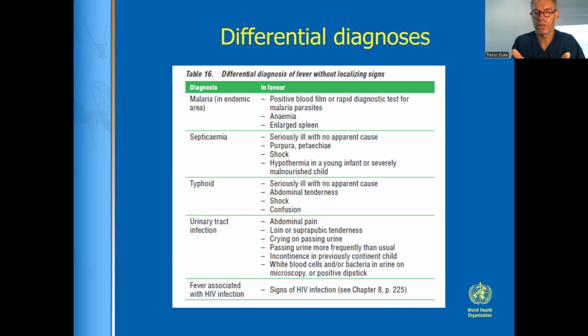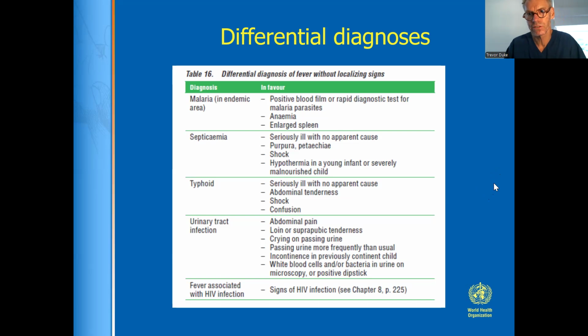Of course, viral infections are a very common cause of fever without localizing signs. Sometimes there are localizing signs in the upper airway with coryza and cough, or respiratory infection, but not always. And sometimes with some viruses, influenza for example, it can be just a high fever without any localizing signs.